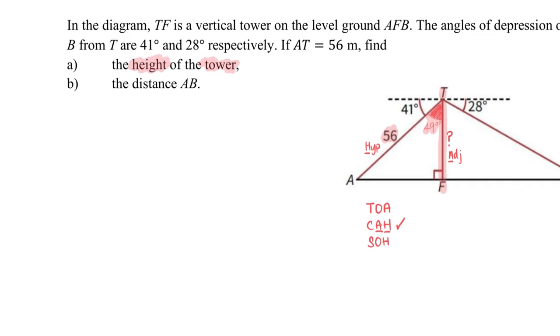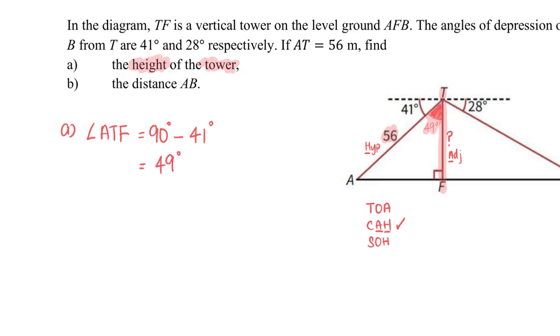So for part A, step 1, the 49 degrees is not given to us, so we do have to show it. This angle ATF is 90 degrees minus 41 degrees to give me 49 degrees.